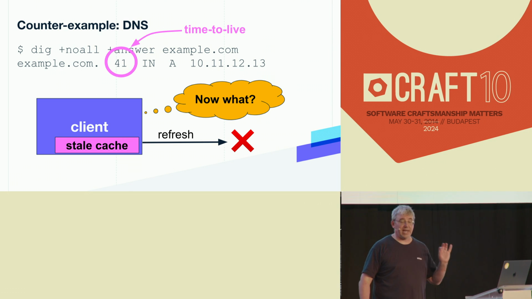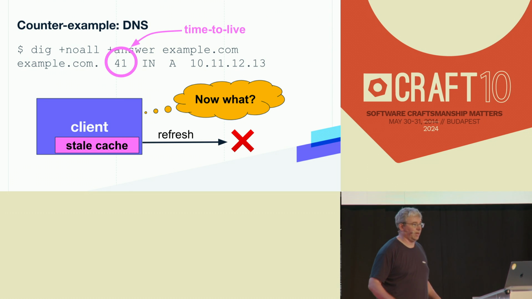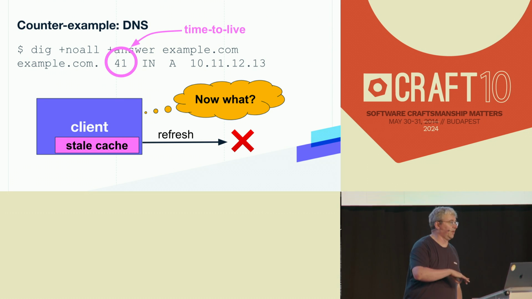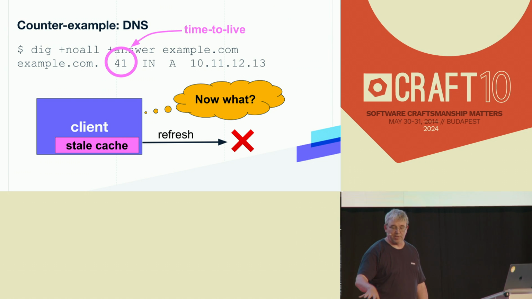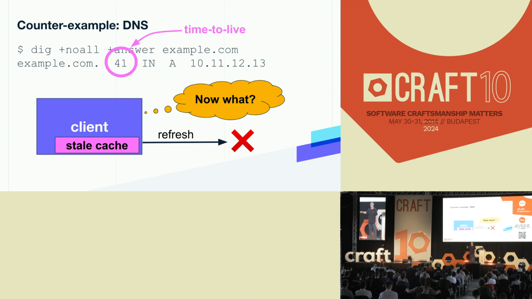But I actually think there's maybe a missing interface here, because I can imagine scenarios where, even though this cache entry is stale and I wasn't able to look it up again, I might be OK getting the stale response.